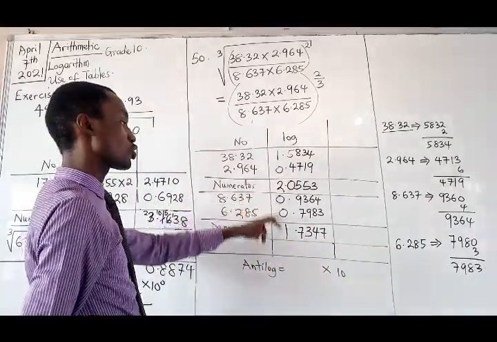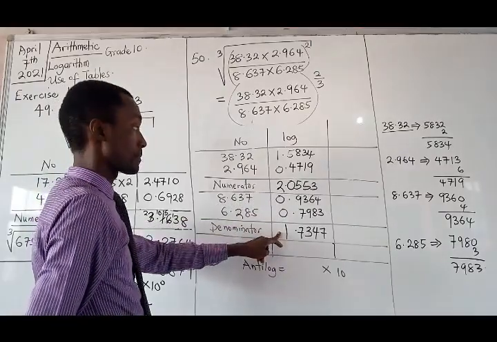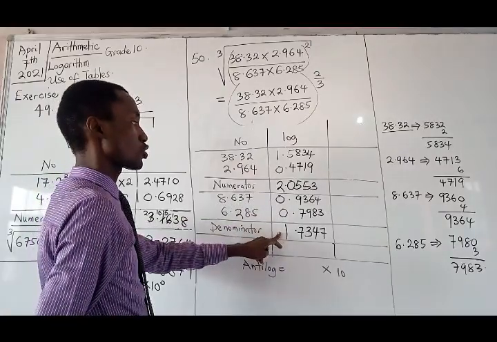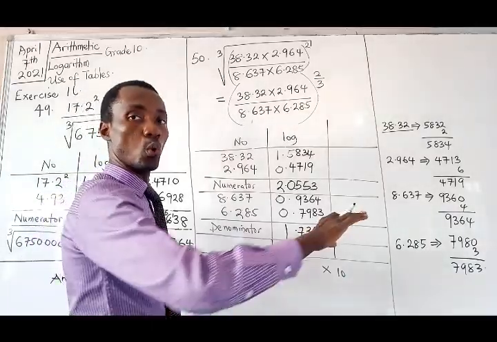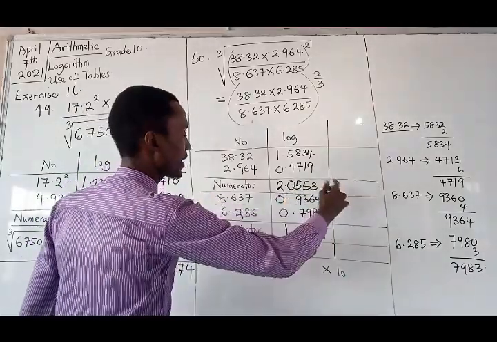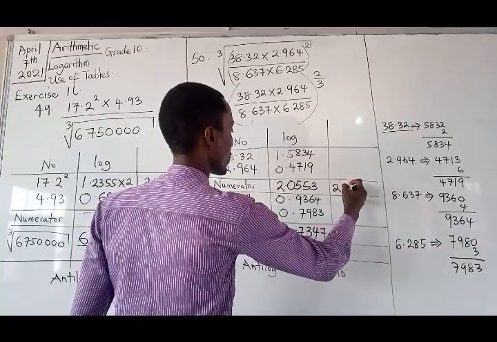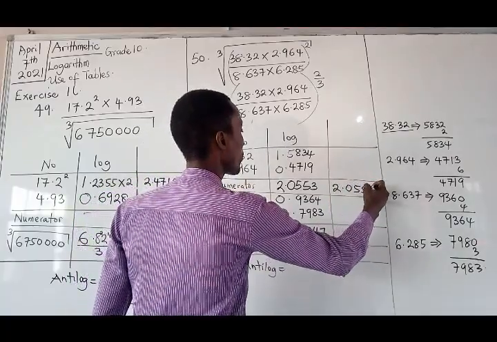So the next thing we do is to subtract these two. But what I added at this point is that we'll need to transfer the answers this way. You're going to see why we need to transfer the answers this way. It's just for purpose of clarity.